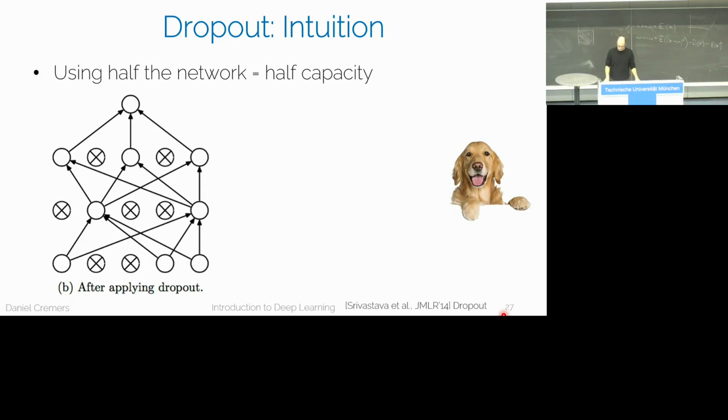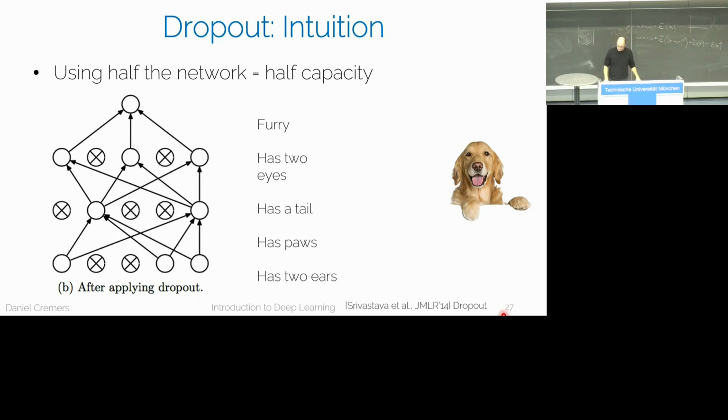So the way you can see it is if you train a classifier to look at an image like this one and say, what is it? Say it's a dog, and then you have one neuron that checks, is it furry? Because dogs are furry, and another one checks, does it have two eyes? Does it have a tail? Does it have paws? Does it have two ears? Right?